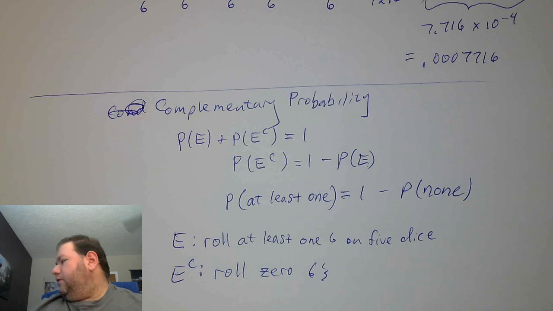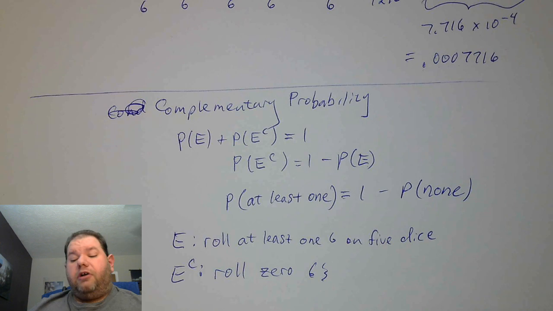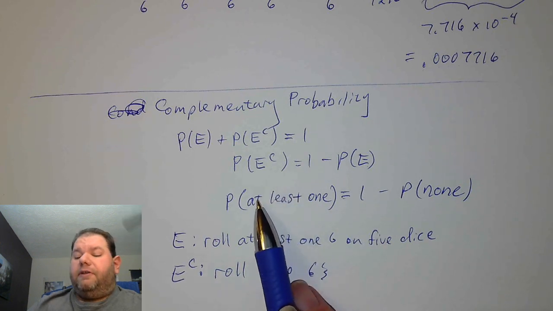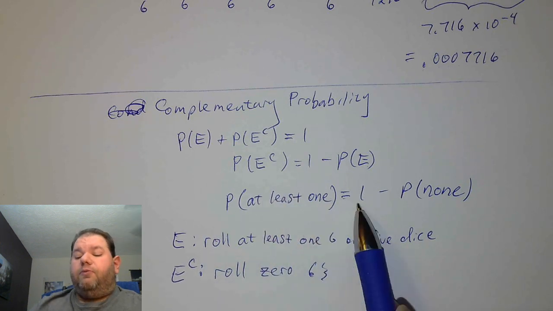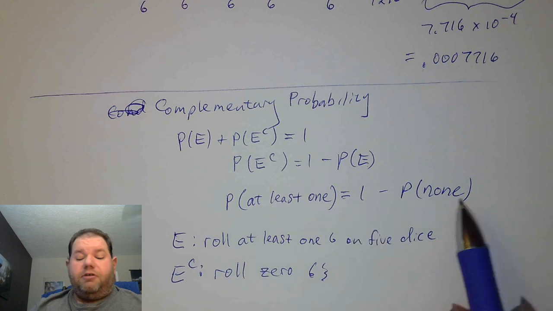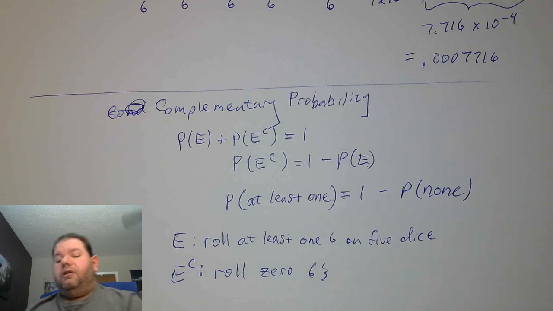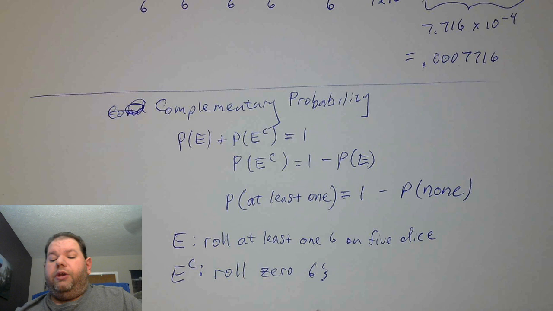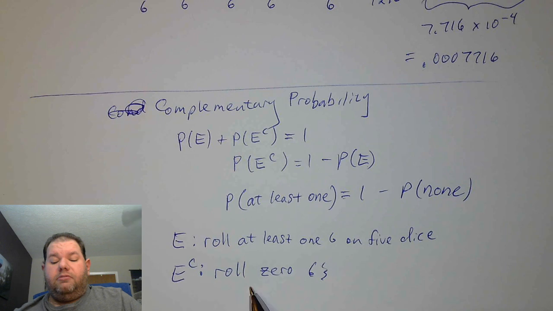And that's what we're getting at here with our complementary probability. So the probability of at least one occurring is 1 minus the probability that none occur. So we can more easily calculate this probability of E by calculating this other probability much more easily, the probability of rolling 0 sixes on 5 dice.